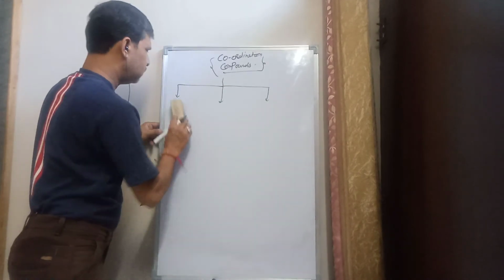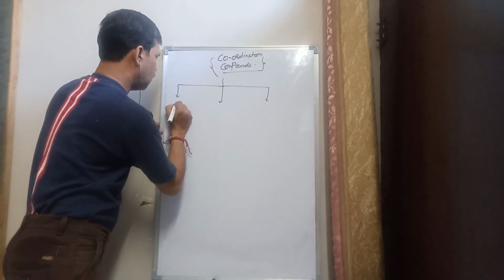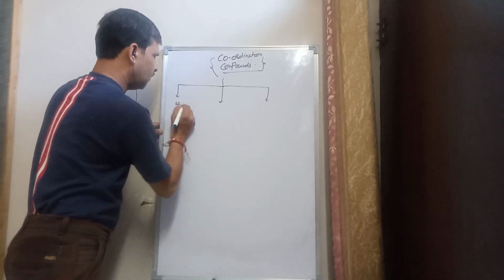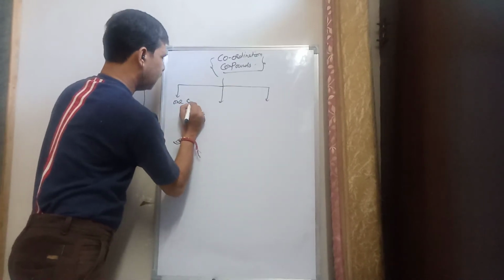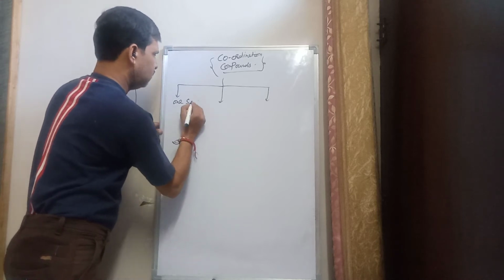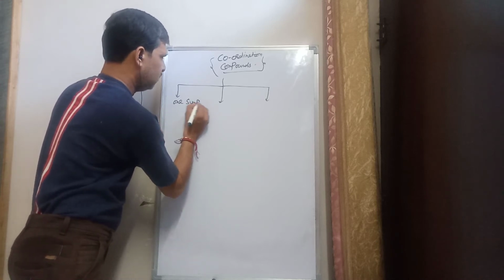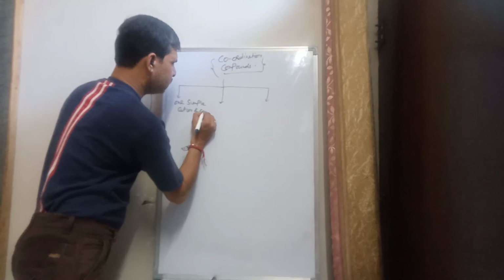First is the salt formed from a simple cation and complex anion.